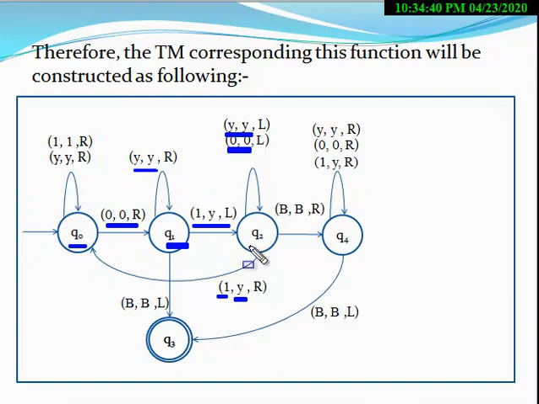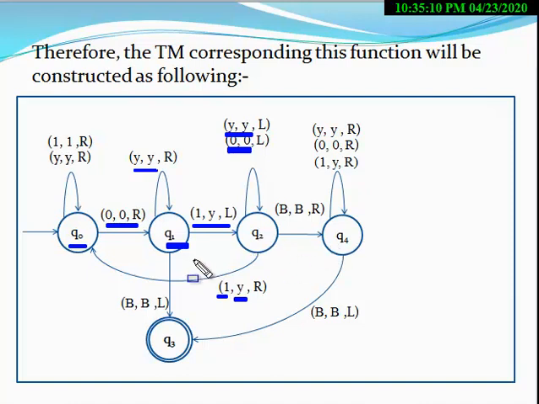In this cycle, the machine removes the number of ones before 0 and the number of ones after 0. By using this rule, after 0, 1 is removed, and by this one, before 0, 1 is removed, right? So we will use this cycle to remove the ones before 0 and after 0.